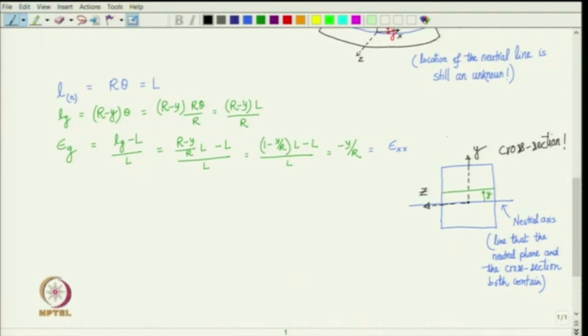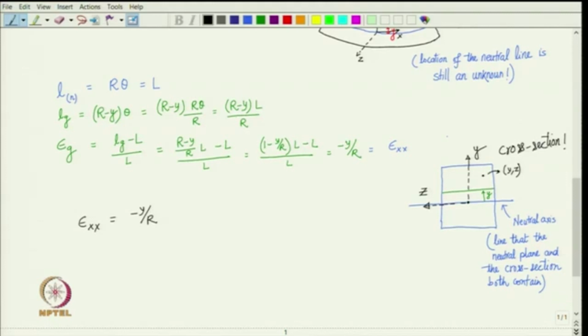So, what can we say about epsilon x x at any point in the cross section? Think of any point y comma z in the cross section. So, epsilon x x in the cross section, as we have found out, is minus y by R. So, it is dependent on y, but independent of z.